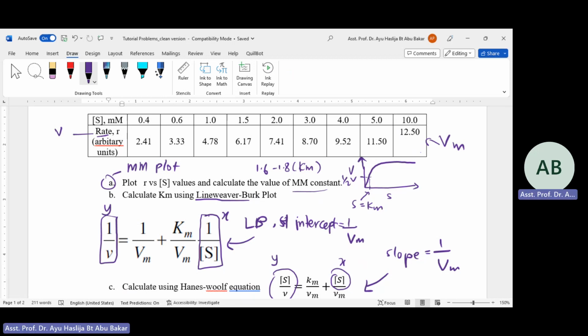For the Hanes-Woolf here, since Y is your S over V, you will need to calculate S over V. Find the value for each point.